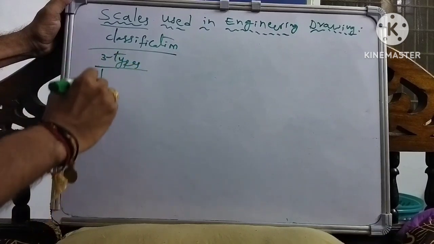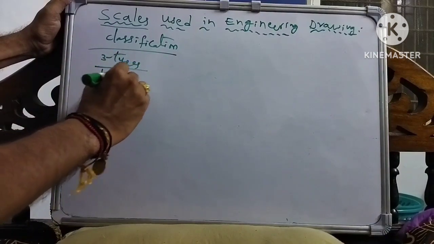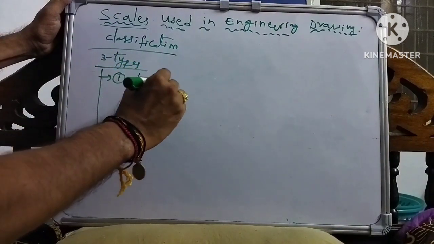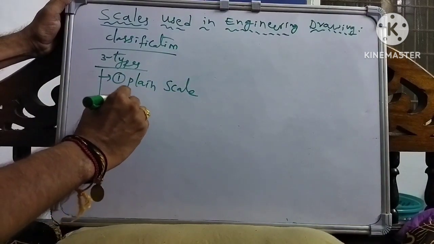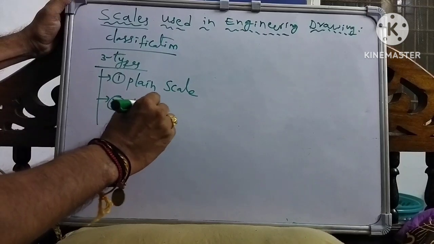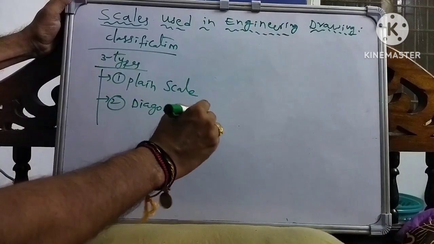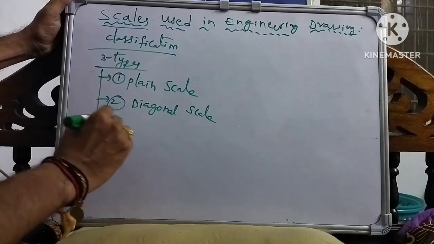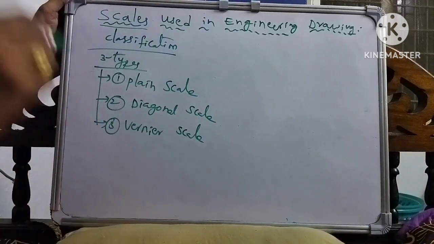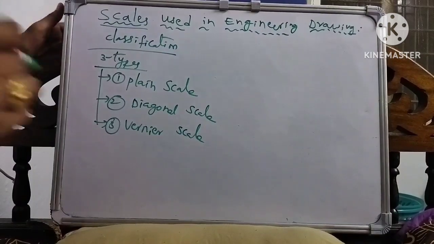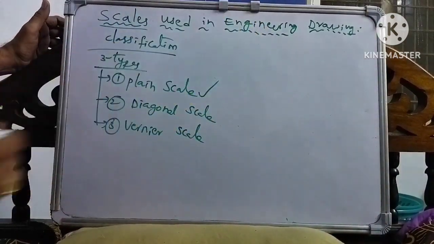The first one is the plane scale, the second one is the diagonal scale, and the third one is the vernier scale. In this video I am going to explain about plane scale.